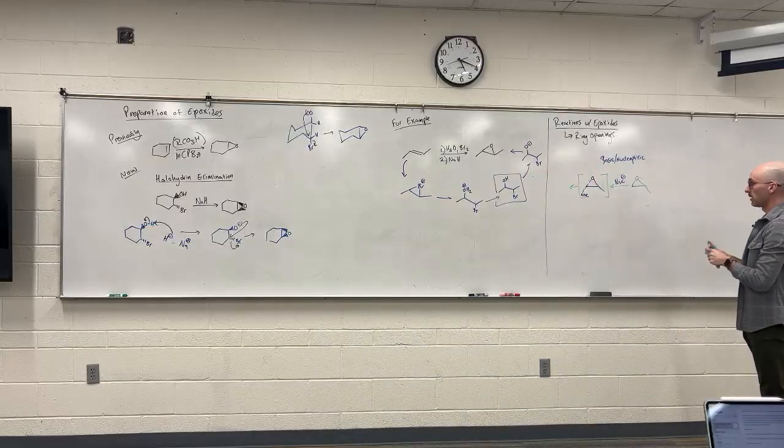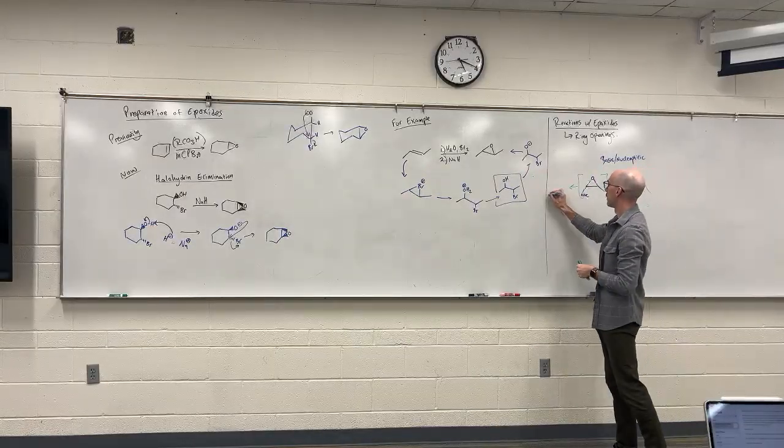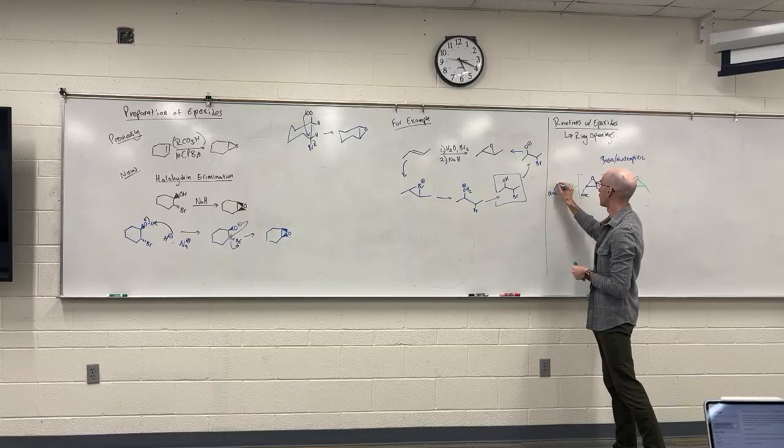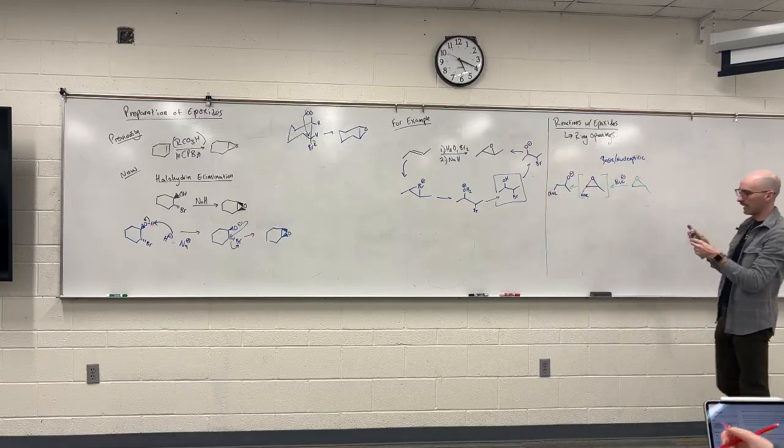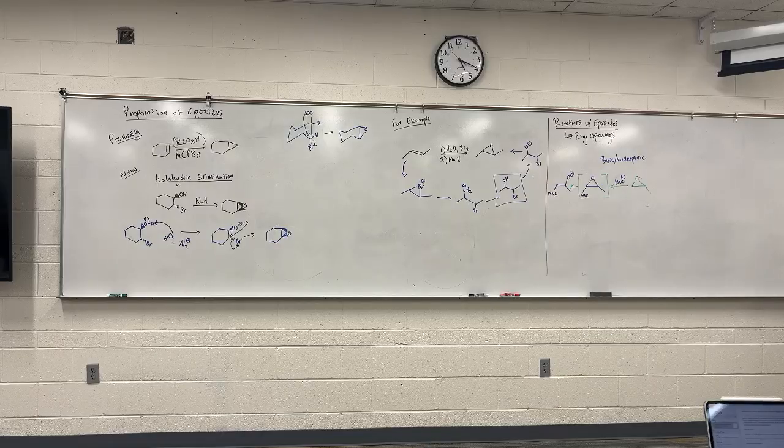And once it does, then my nucleophile is bonded to my least substituted carbon, and I get an alkoxide on my more substituted carbon. I've opened my nucleophilic ring. Specifically, I've opened it on the least substituted side.